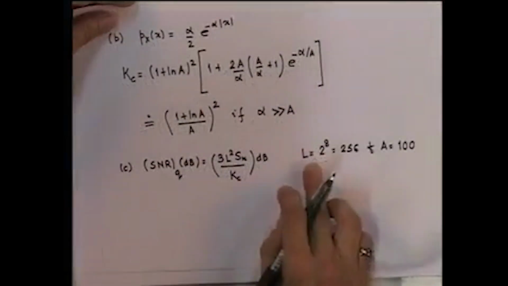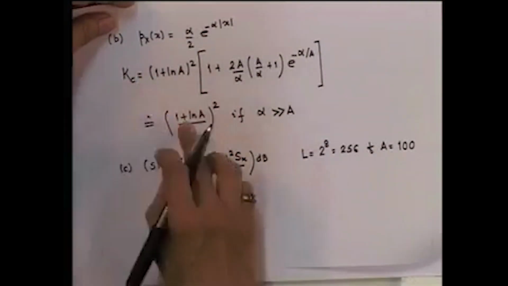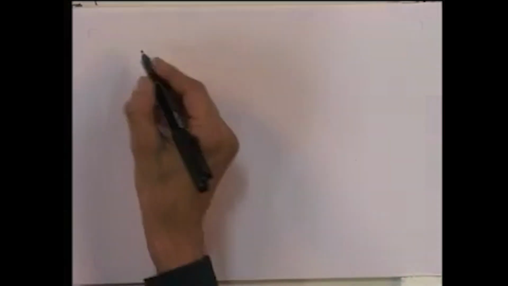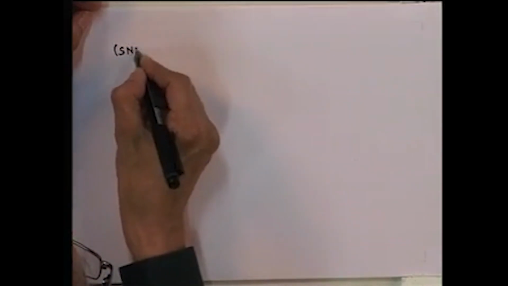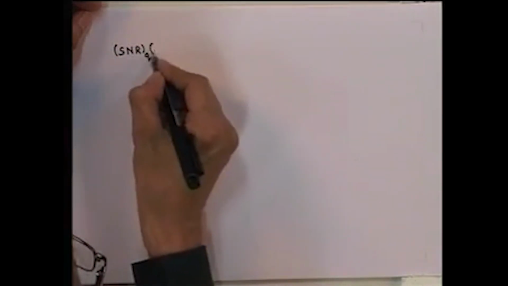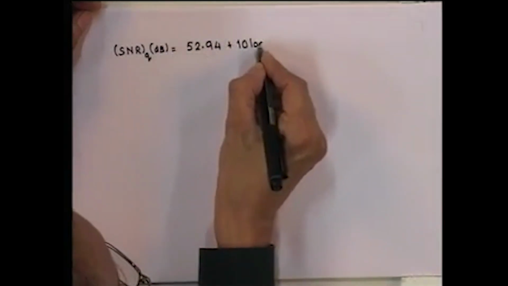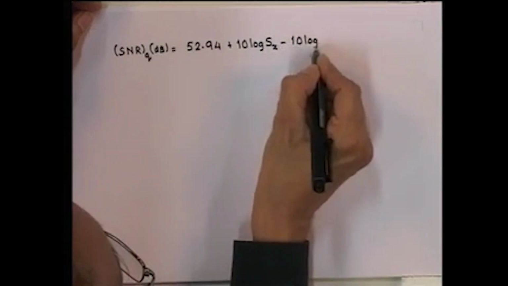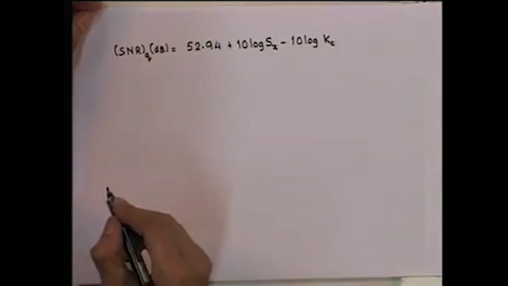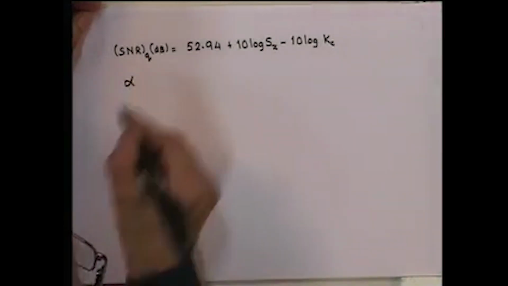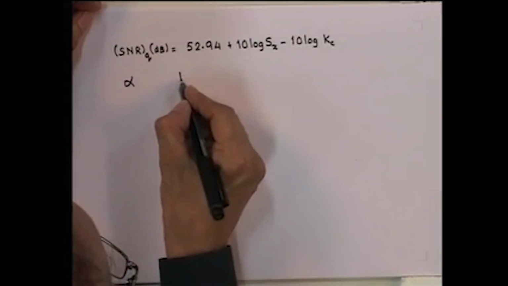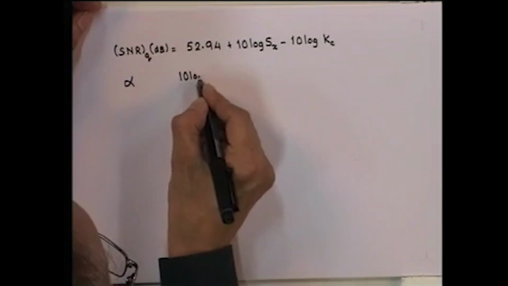Therefore, if we plug in these values in the value for Kc and this expression, then we get the signal to quantization noise ratio as follows, plus 10 log Sx minus 10 log C, and this is shown as follows for different values of alpha.